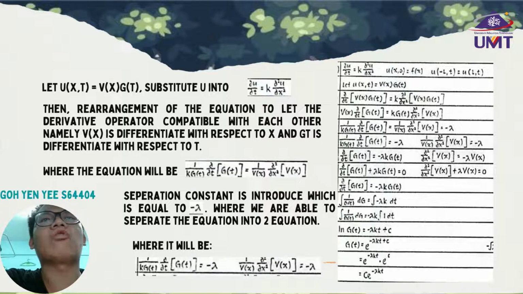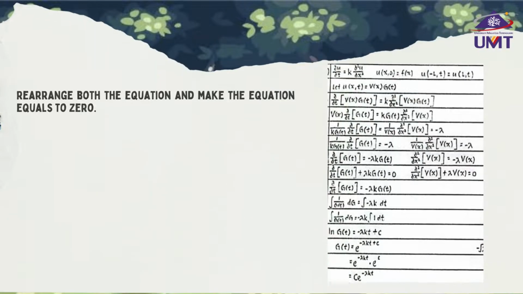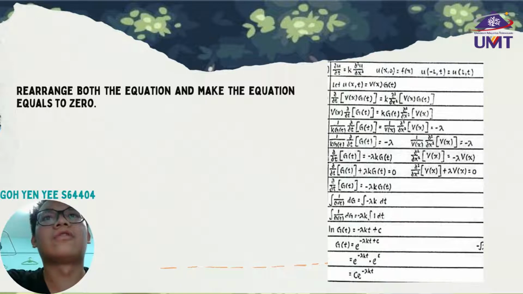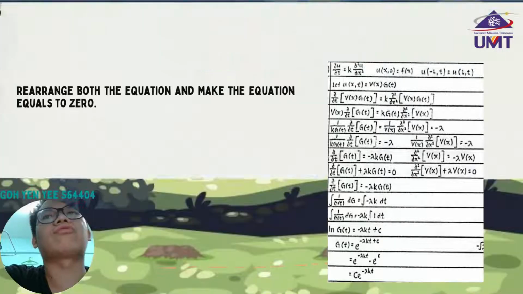For example, d over dt g(t) plus lambda k g(t) equal to 0, and d square over dx square v(x) plus lambda v(x) equal to 0.